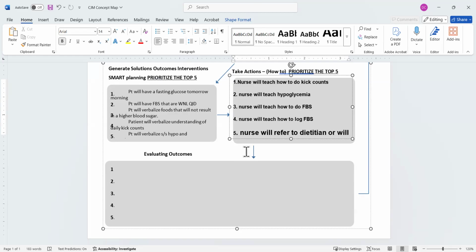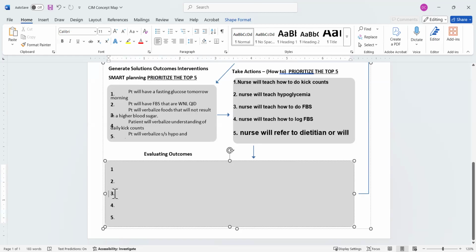So how will we know that the patient knows how to do a daily kick count? Well, they will probably perform a return demonstration for kick counts.